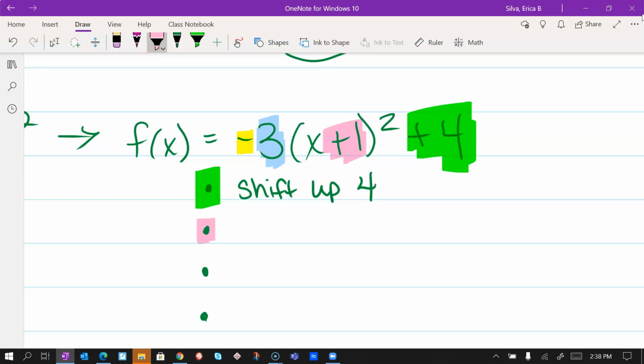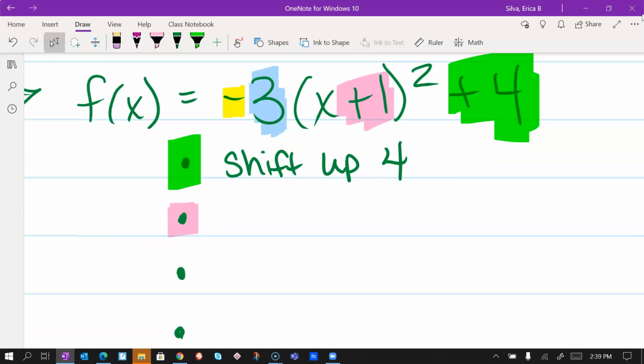Let's do the pink one. What does the pink one tell us? Is that vertical or horizontal? Where is that pink one? Inside or outside the parentheses? It's inside, right? And inside is what? Horizontal. And if you get confused, what is the pink one close to? It's close to the x-axis. X-axis is horizontal.